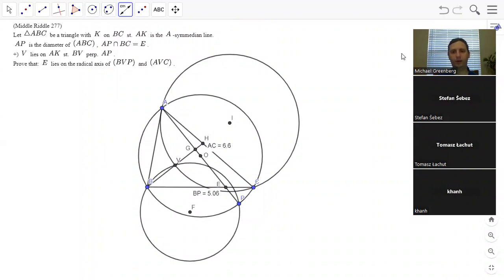So yeah, that's another equivalent way to show E lies on the radical axis. Yeah, I don't know how you'd find OF and OI. That's the thing.